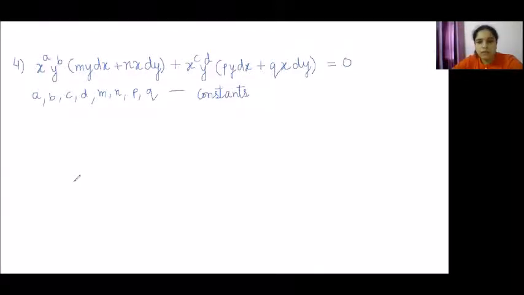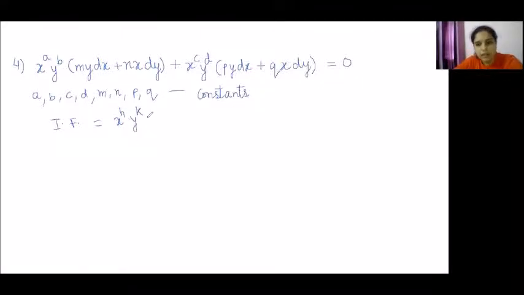If you will see this equation carefully, you can see here we have 4 terms in this differential equation. We have 2 terms with dx and 2 terms with dy. So if we have this type of differential equation, then here we assume that the integrating factor is of form x raised to power h, y raised to power k.